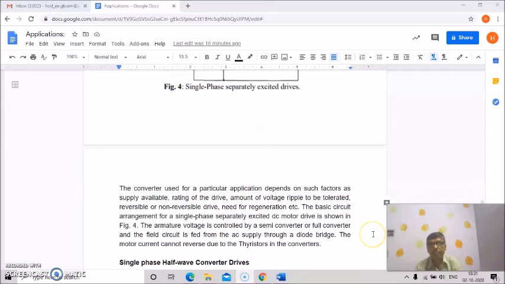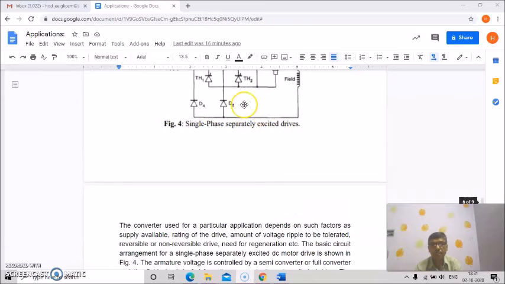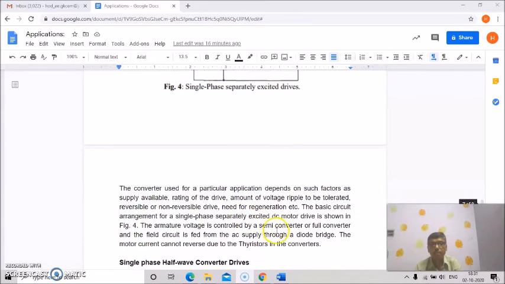And the basic circuit arrangement for a single phase separately excited DC drive is shown in this figure 4. The armature voltage is controlled by a semi-converter or full converter, and the field circuit is fed from the AC supply through a diode bridge, and the motor current cannot reverse due to the thyristors in the converter.